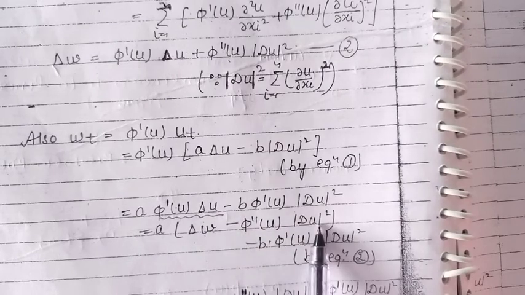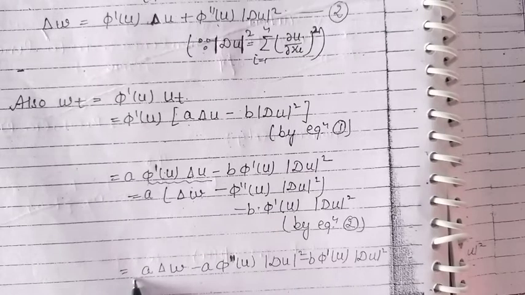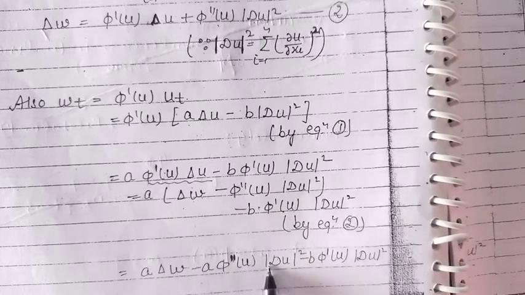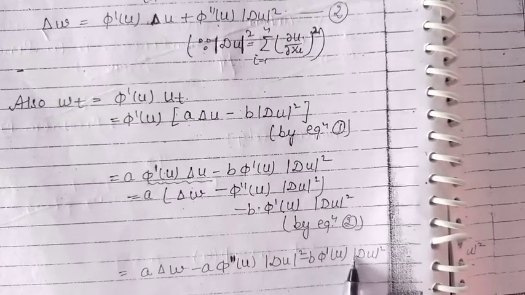Putting its value, we get partial derivative of w with respect to t as a into Laplacian of w minus a into phi double dash at u into the square of mod of gradient of u minus b into phi dash at u into square of mod of gradient of u.